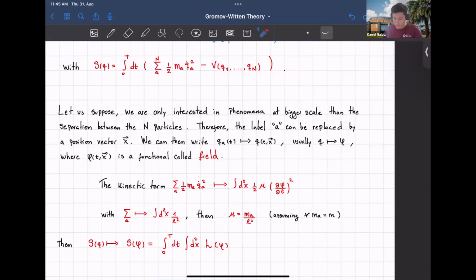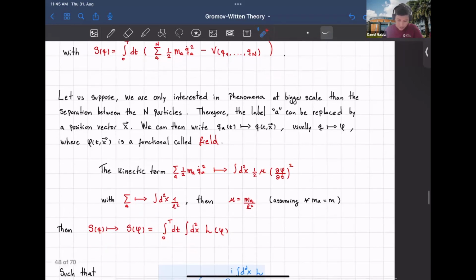But we will assume that all the m's are the same, because we are trying to describe just one field that represents the same particle over all space, with the same mass. And in the integral, you just exchange the sum over A for an integral over L, and then the action for many particles you can just change into the action of a field. This is just the same as what we do in classical field theory.